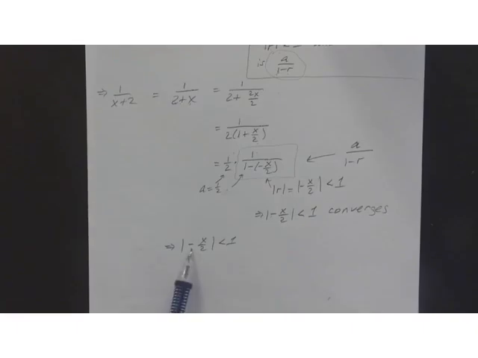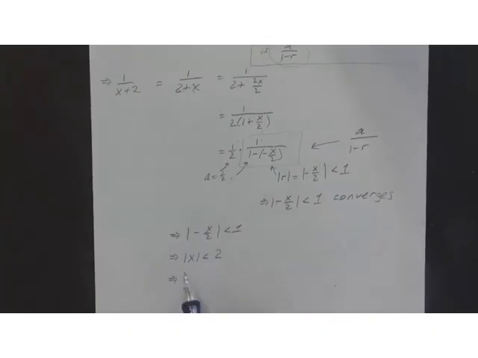So if we get our inequality and multiply both sides by 2, then we get the absolute value of x is less than 2. So we can rewrite that as a compound inequality of negative 2 is less than x is less than 2.